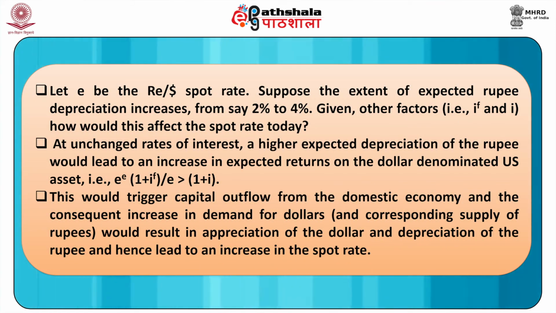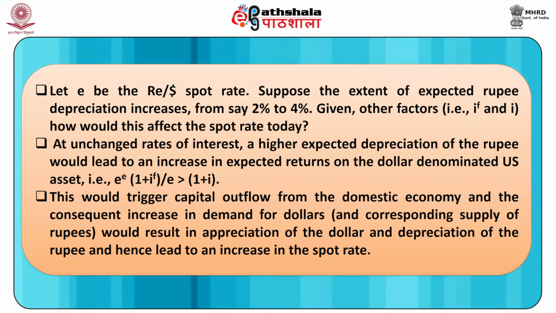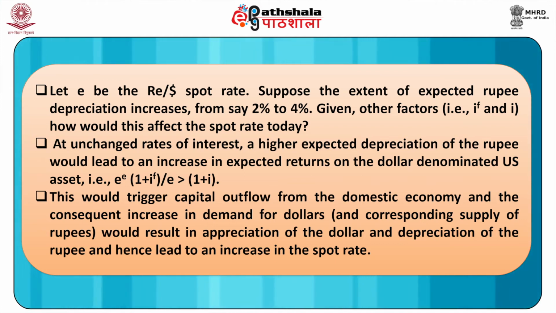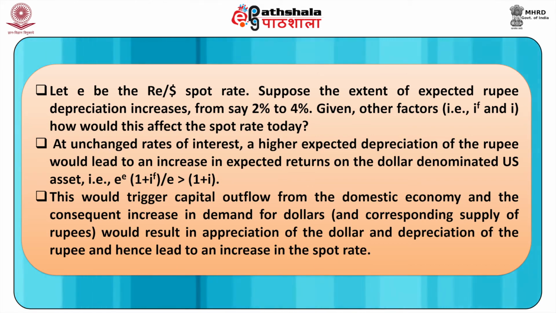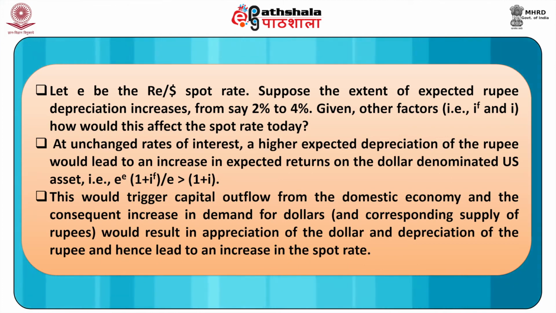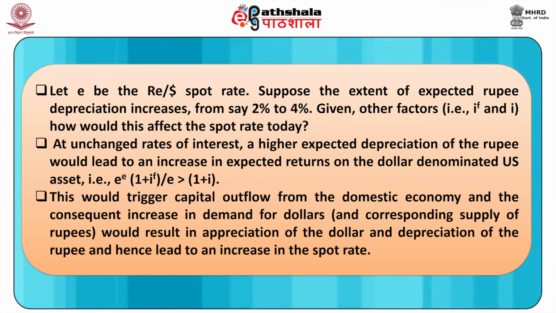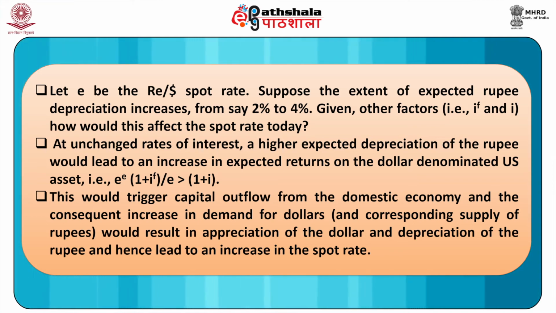Let e be the rupee per dollar spot rate. Suppose the extent of expected rupee depreciation increases from say 2% to 4%. Given other factors, that is i^f and i, how would this affect the spot rate today? At unchanged rates of interest, a higher expected depreciation of the rupee would lead to an increase in expected returns on the dollar denominated US assets, that is e^e (1 + i^f) / e, which is greater as compared to 1 + i.